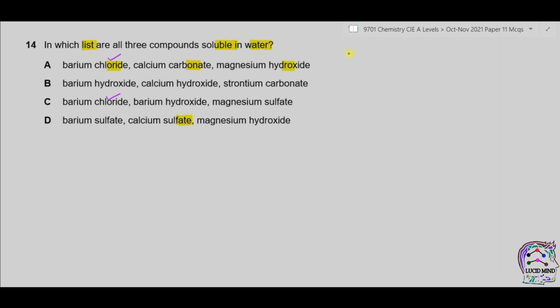For hydroxides of group 2, the solubility increases down the group. So it means barium hydroxide is soluble.